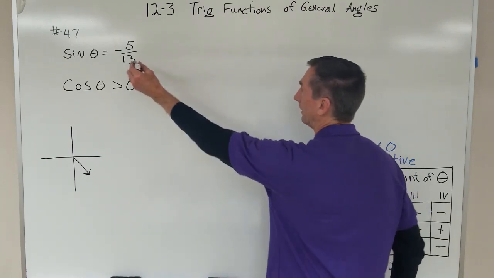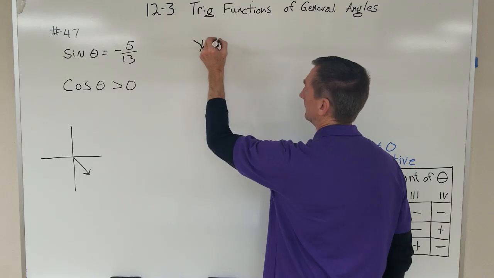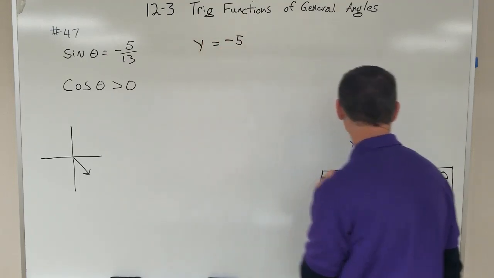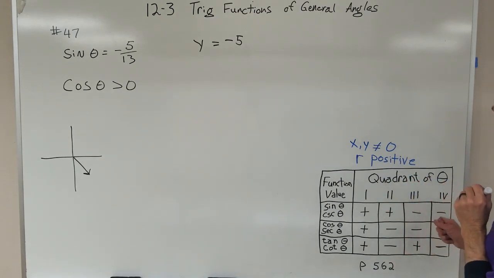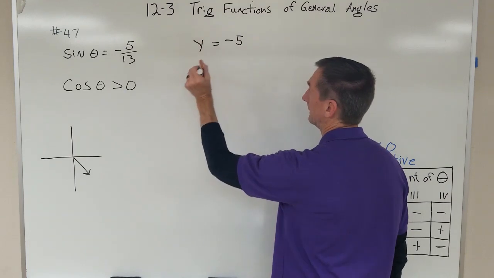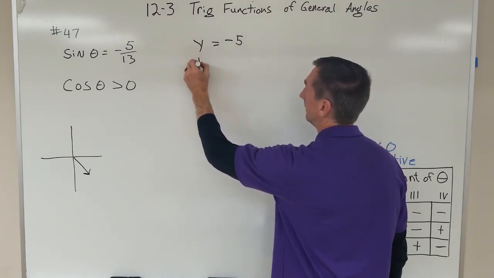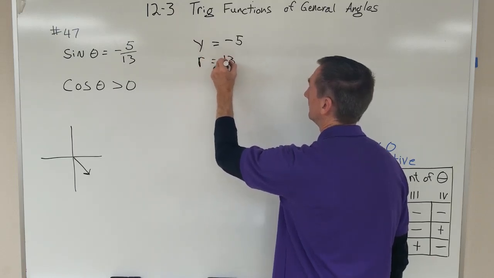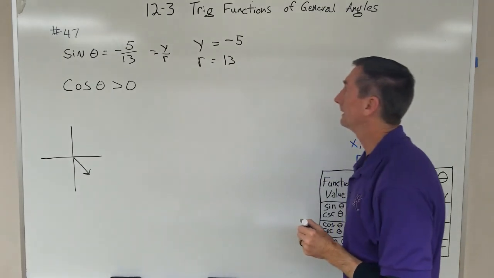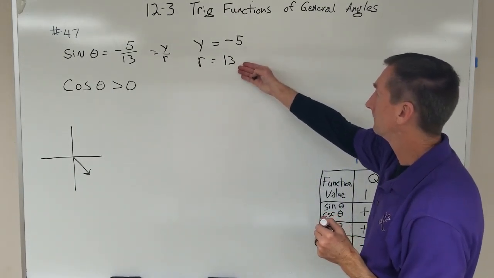So since sine is y over r, the y value is -5, because in quadrant 4, sine is negative, so y has to be negative. And I also know that r is 13. Okay, so I've got a -5 and a 13.